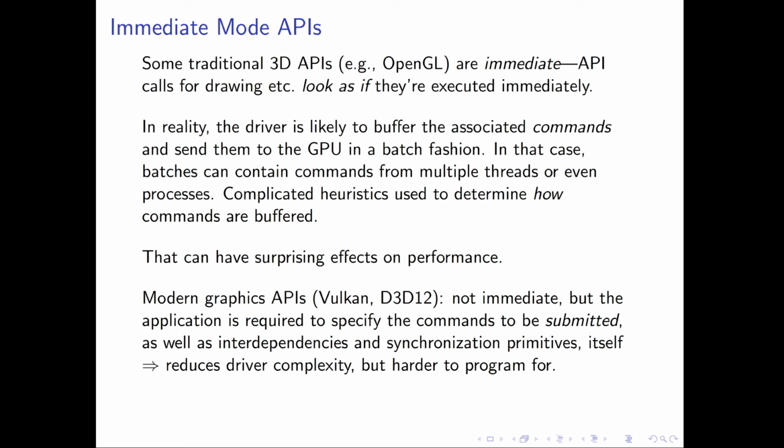In reality, the immediate mode APIs are the exact opposite of how a GPU behaves. The GPU is bounded by certain bottlenecks, for instance by a very severe bottleneck: when we copy data over PCI Express, there's really high latency.